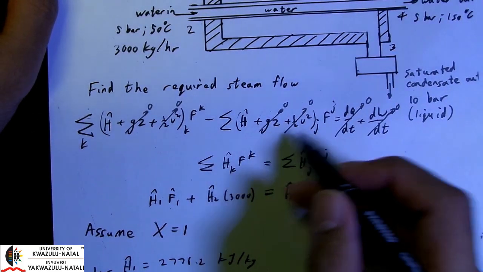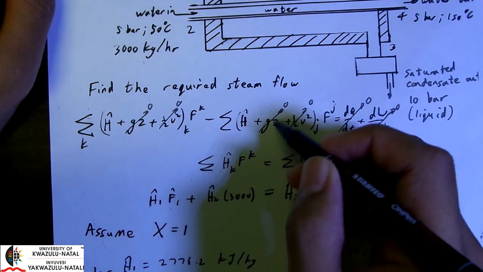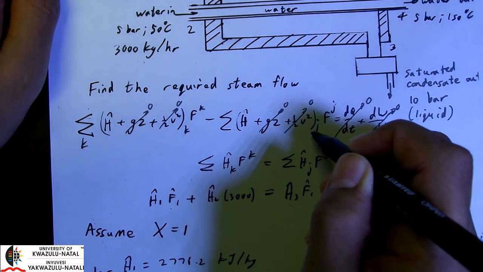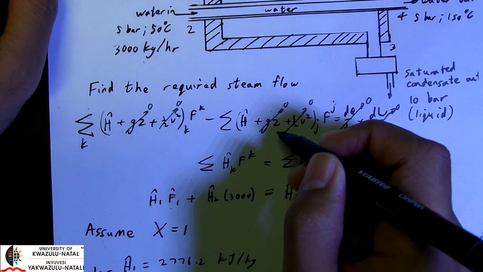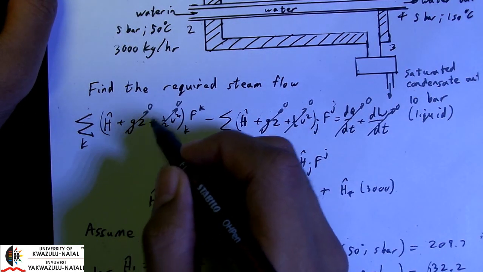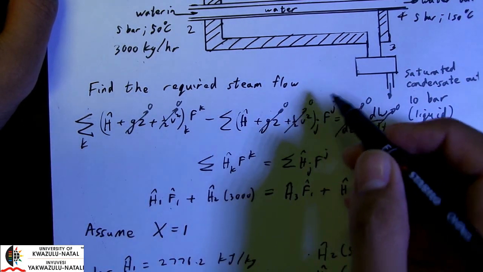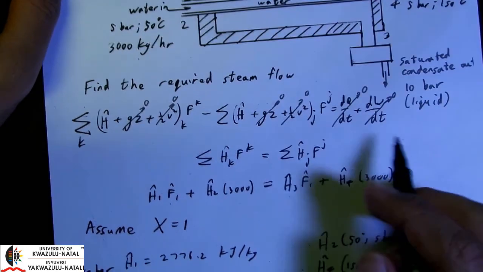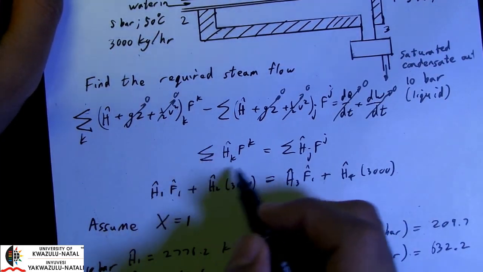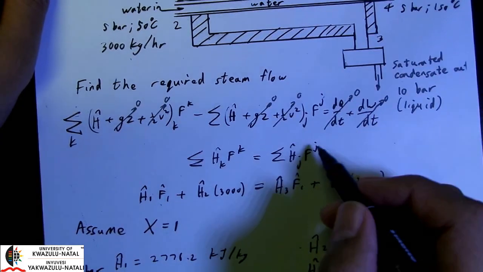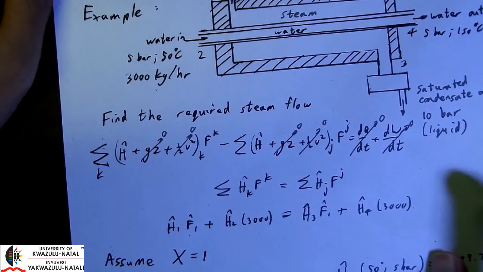And making these following assumptions, also there's no mention of kinetic energy or potential energy changes, so we can assume that these are 0 as well. So we simply have our energy coming in due to flow, and that's equal to our energy out due to flow.